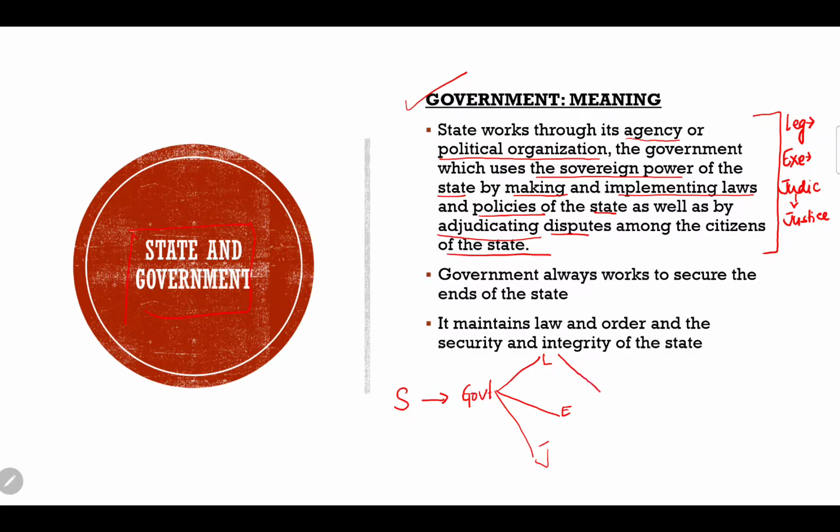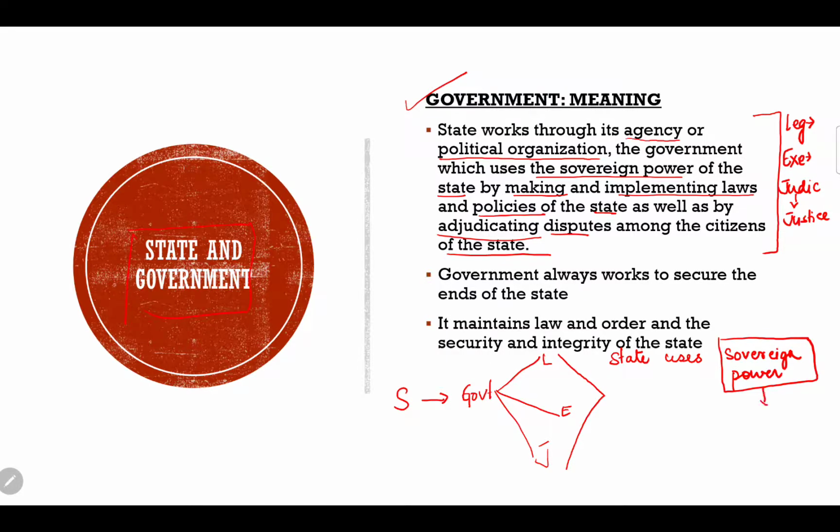With these 3 organs, a government uses sovereign power. Sovereign power means supreme rule or supreme authority.